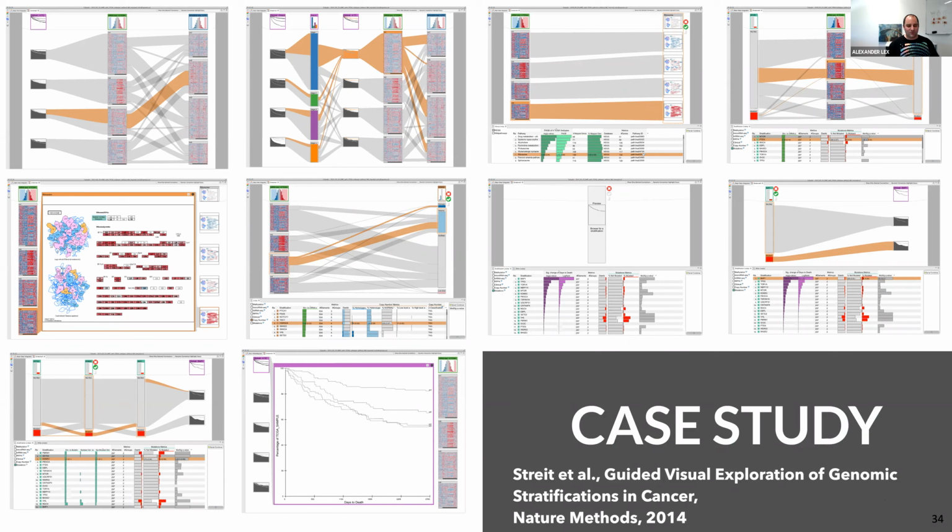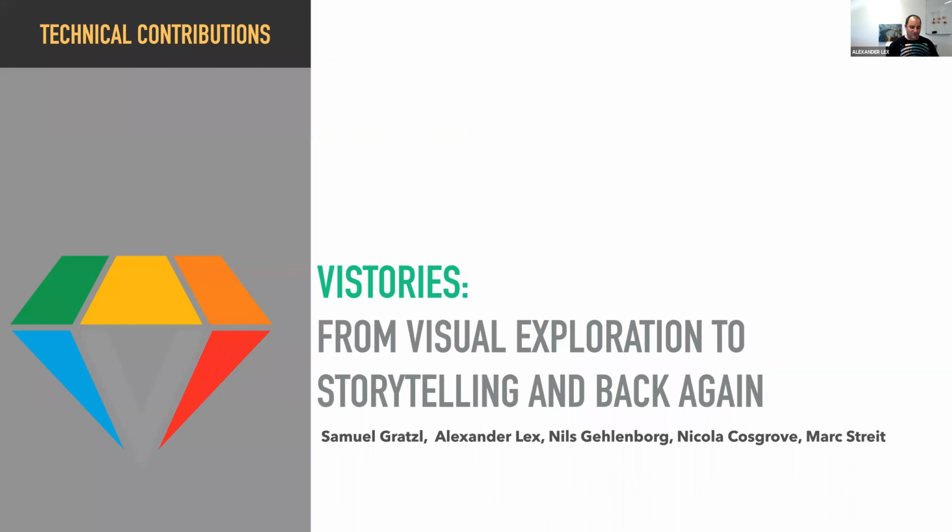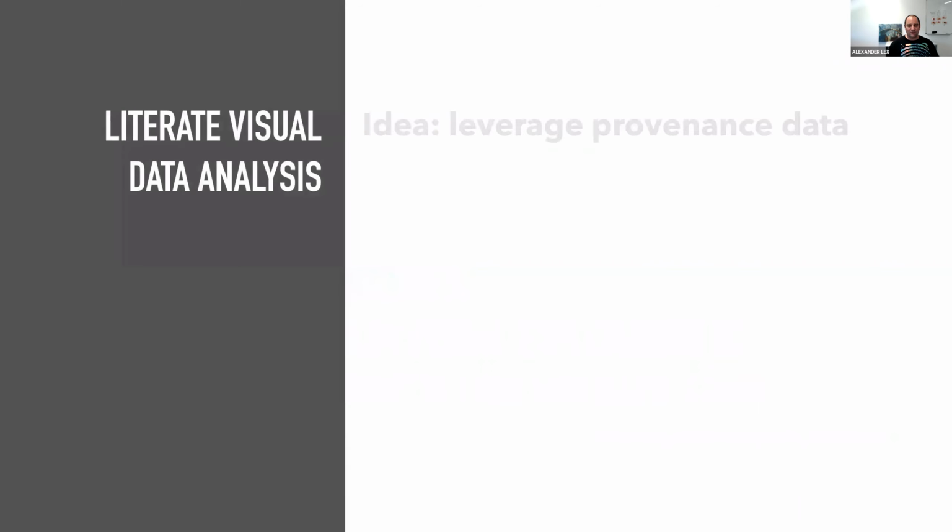And so what we did, this was a paper by Sam, myself, Nils, Nicola Cosgrove, and Marc. We came up with this idea for VisStories, and we call this from visual exploration to storytelling and back again. And here, what we want to do is leverage provenance data.